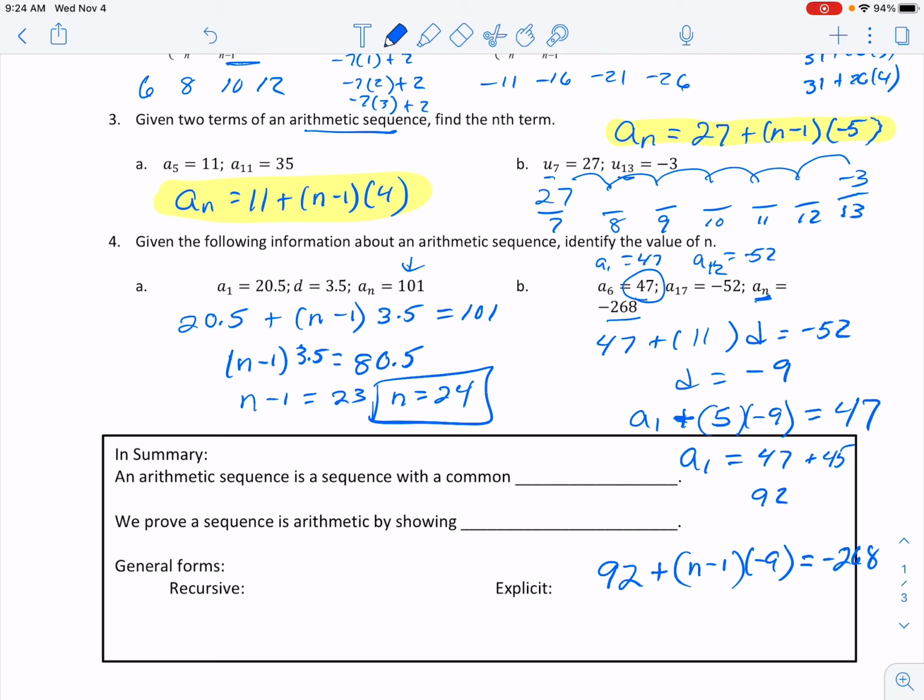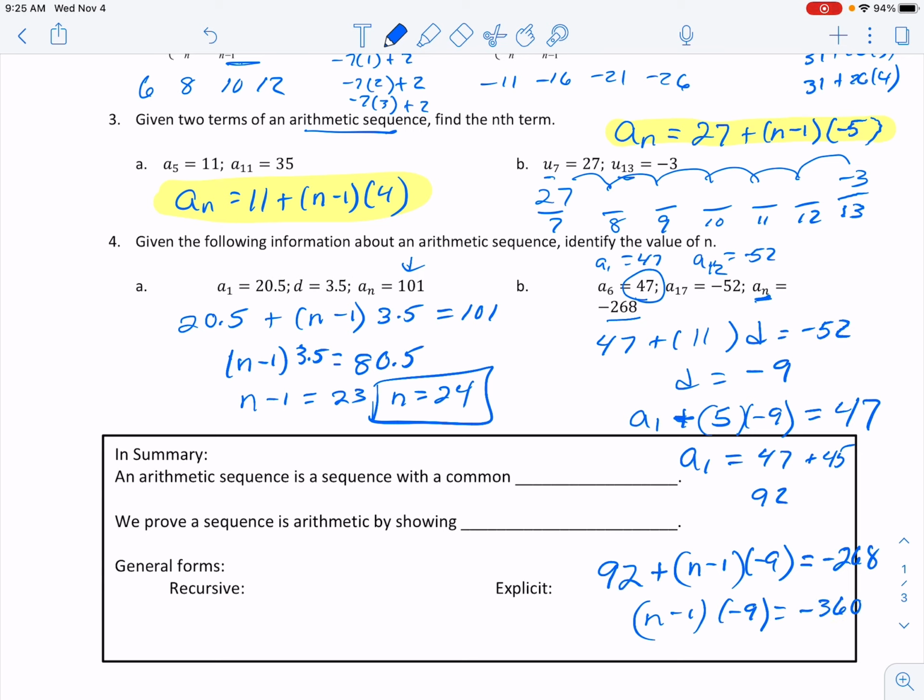Negative 268 minus 92. So you have n minus 1 times negative 9 equals negative 268 minus 92, which is negative 360.